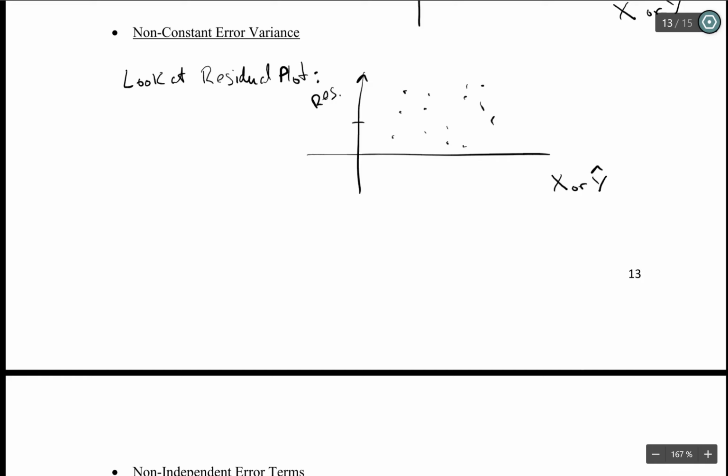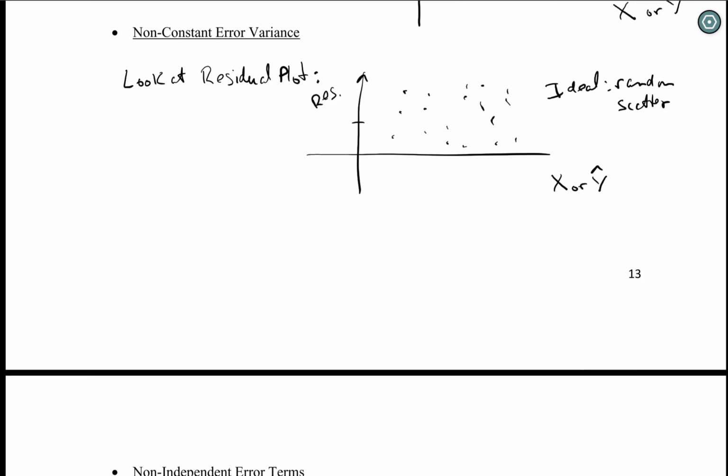This is ideal. And it kind of makes sense: you're looking to see if the variance is constant across all pairs of data. You would look to see if the spread is roughly the same moving from left to right for x or for y hat.